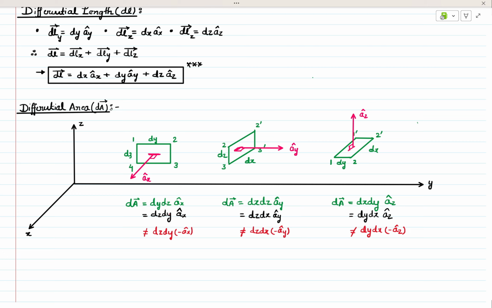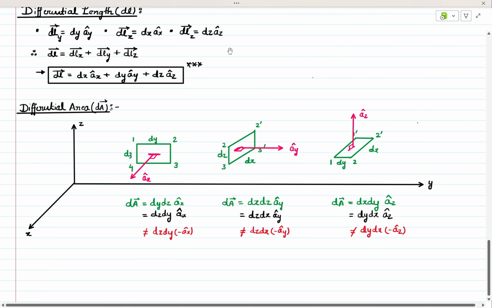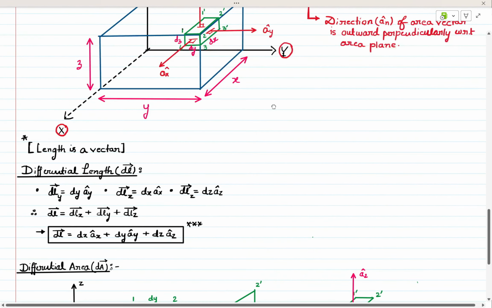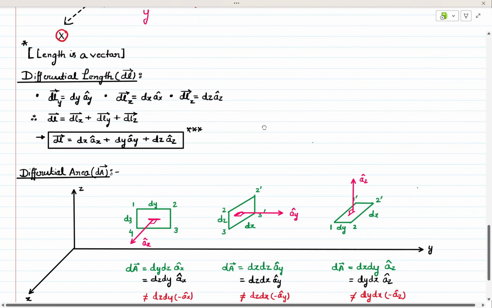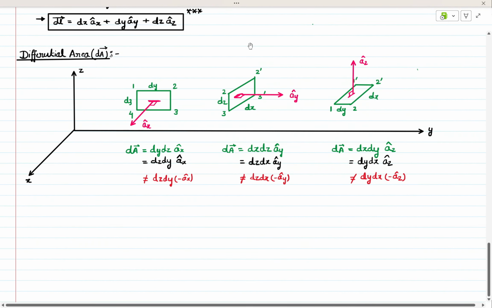Remember this point very clearly, as there is a lot of misconception among most students. Now these are the three differential areas along three directions. And one more thing to note I want to mention over here.